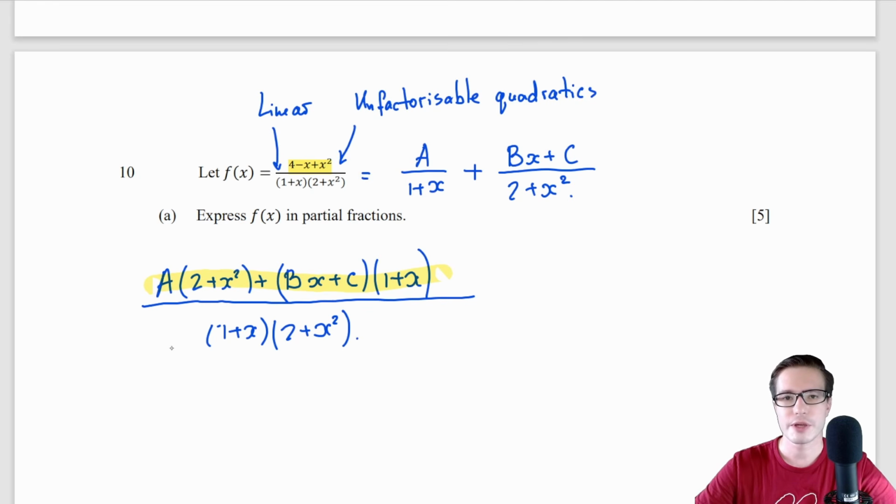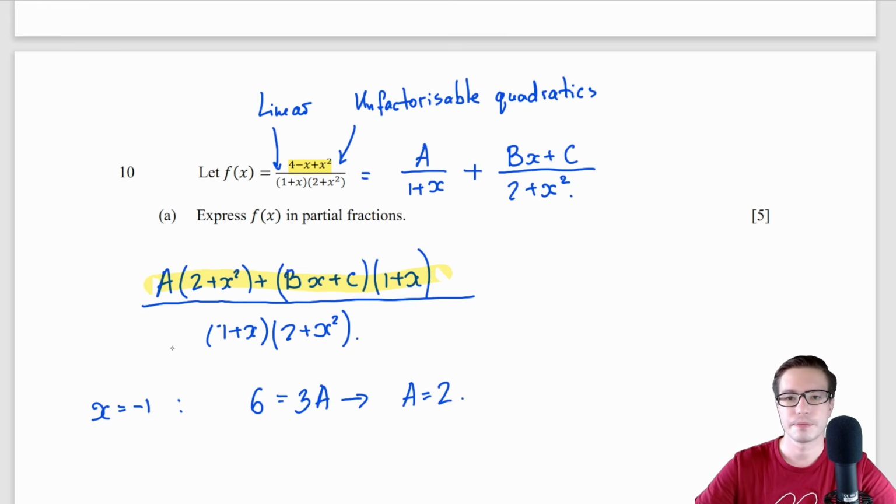So first of all, I will substitute x equals -1, so I can get rid of this bracket. When I substitute -1 into 4 minus x plus x squared, I will get 6. Substitute it into our fractions with a, b, and c, and get 3a. So therefore a equals 2.